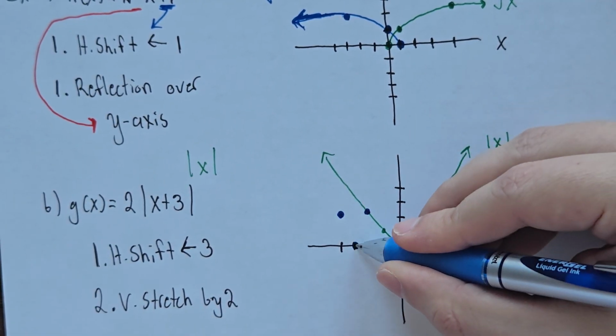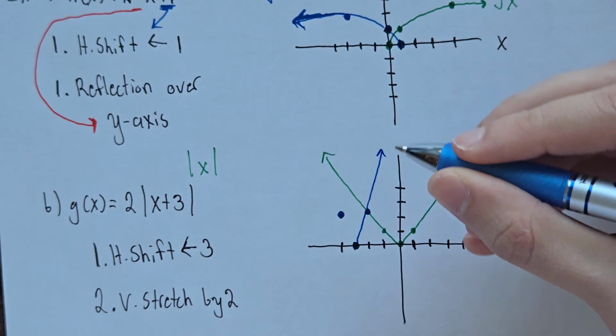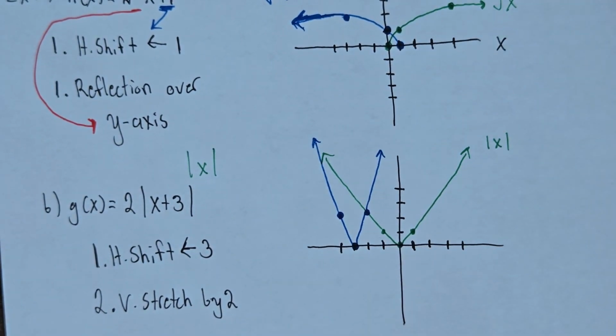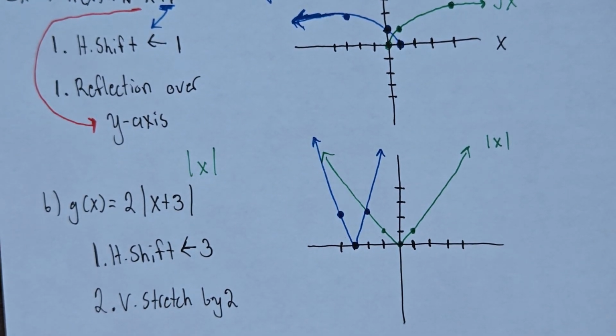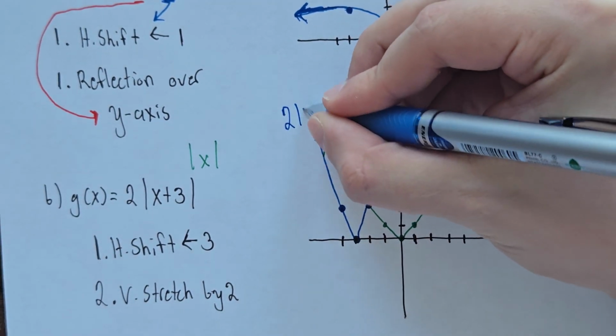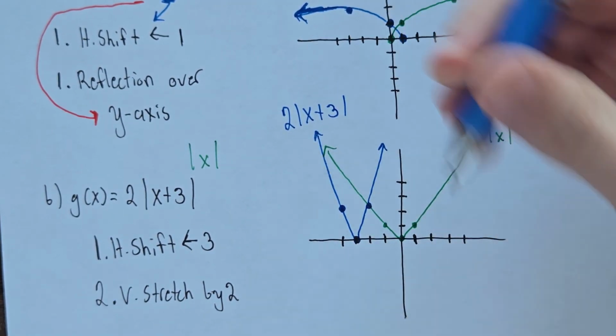And you can see that whenever I connect the lines and do that same behavior, I still get that absolute value behavior, but this time it is vertically stretched by 2 and then shifted over 3. And that would be the actual function that I'm interested in for this one. This would be 2 times the absolute value of x plus 3, right? Wonderful.